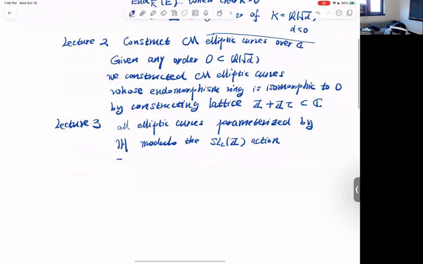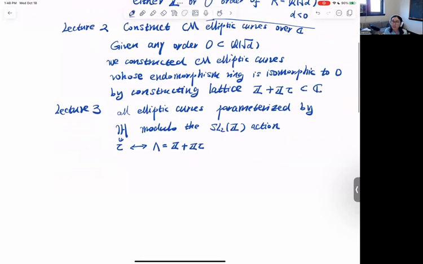The point is, given any number tau in the upper half plane, we can get a lattice Lambda, which is Z plus Z tau. And then this SL2(Z) action exactly helps you model out the homothety and also a change of basis. So the upper half plane modulo the SL2(Z) action exactly corresponds to the set of all lattices in the complex plane C up to homothety, which in lecture 2 we discussed corresponds exactly to the set of elliptic curves defined over C.